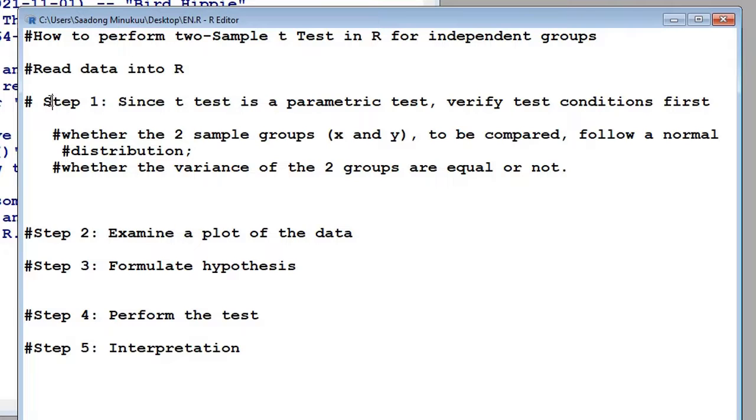In the case of the t-test, it's based on the assumption that the two groups, or the two populations that we are going to compare, must have a normal distribution. In other words, they should follow a normal distribution.